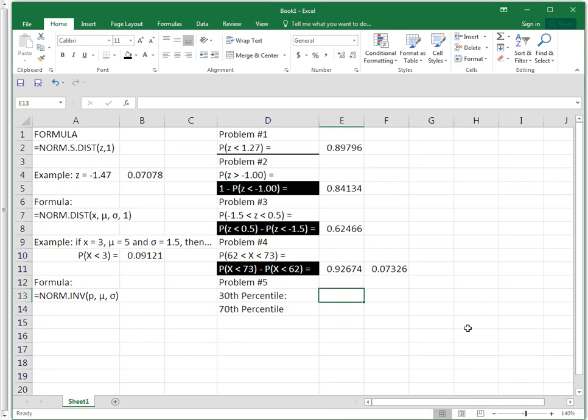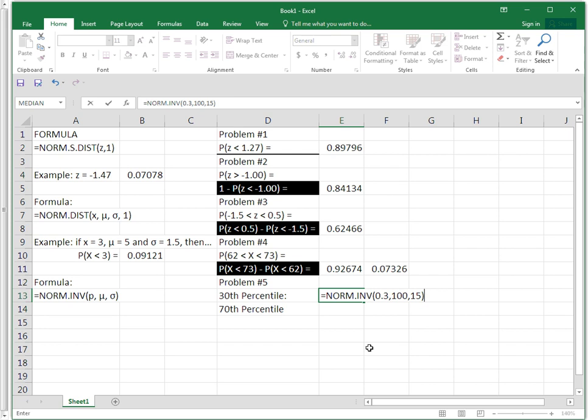So for our 30th percentile, we're going to say equals norm.inv. Choose this function. Our probability is 0.3. That's our percentile score. The mean is 100, and the standard deviation is 15. Now, if we wanted to get the z-score, we would put in 0 and 1 instead of 100 and 15.